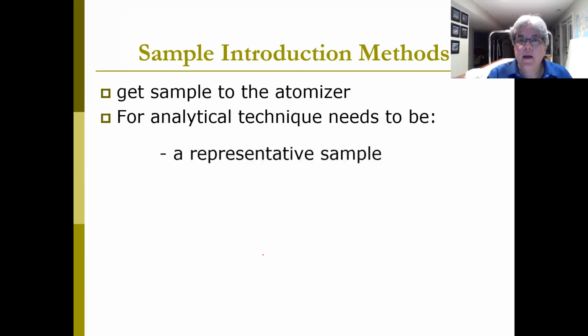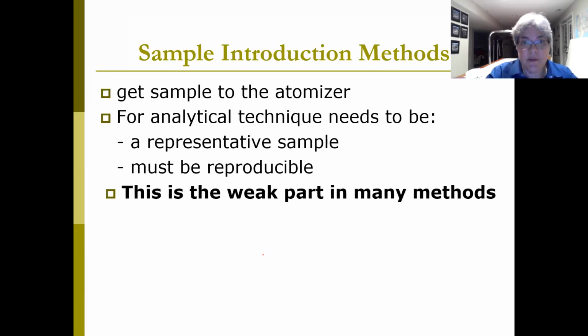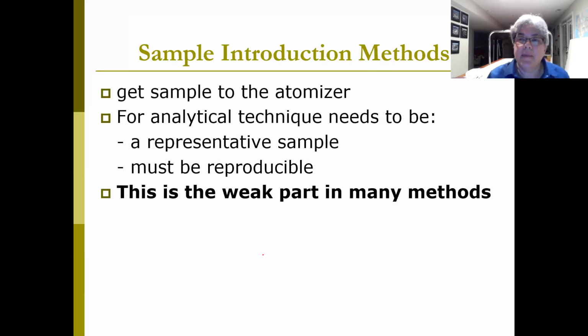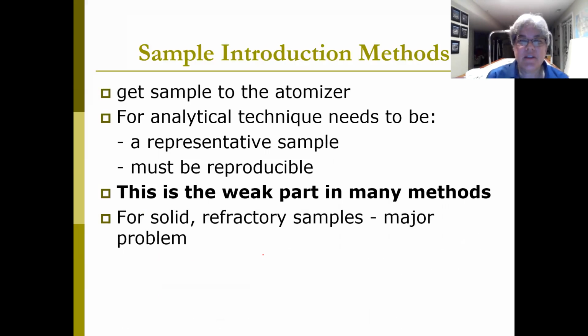So for the method to be reproducible, the sample has to be representative, and it has to be reproducible, so that I can always get the same amount of sample into my instrument. And this is actually the hard part for many AA methods, especially if your sample is a solid or a refractory sample, something that is very stable at high temperatures, it's hard to dissolve.